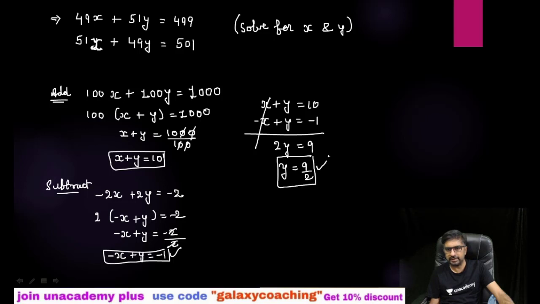Now you got y. Just put this value in any of the equations. Let me put it in the first one, x plus y equals 10. So x plus 9 by 2 equals 10. So x will be 10 minus 9 by 2. Here you need to find the LCM, so 10 into 2 is 20, minus 9 by 2. X will be equal to 11 by 2.